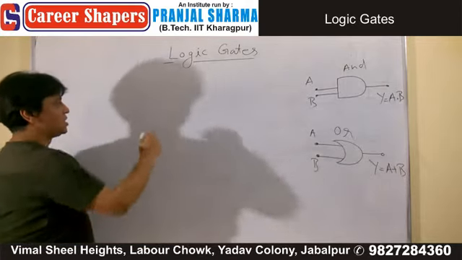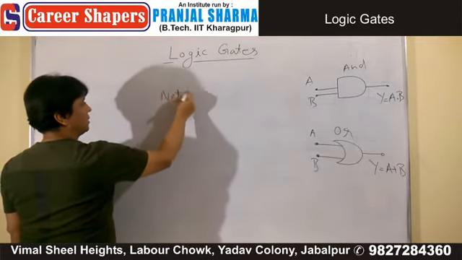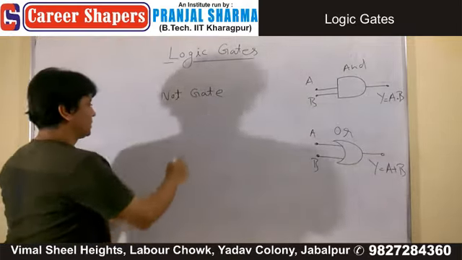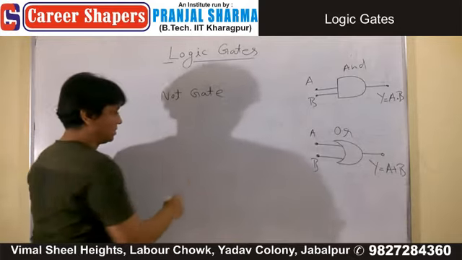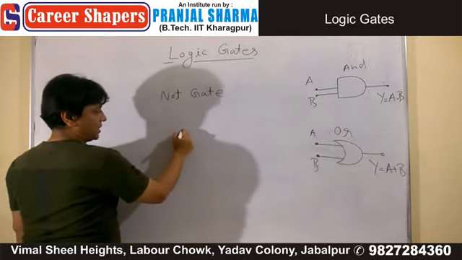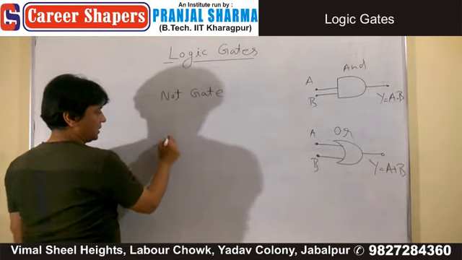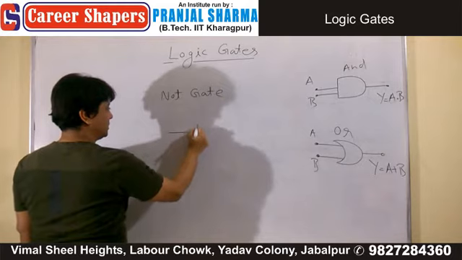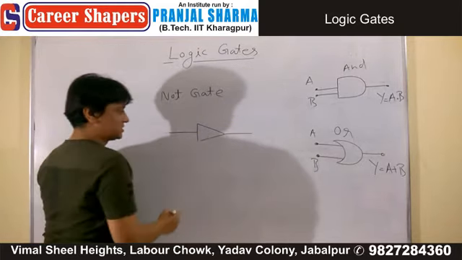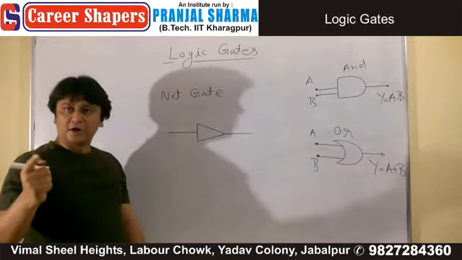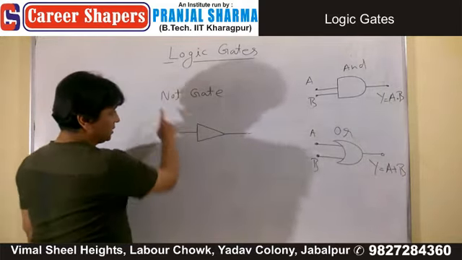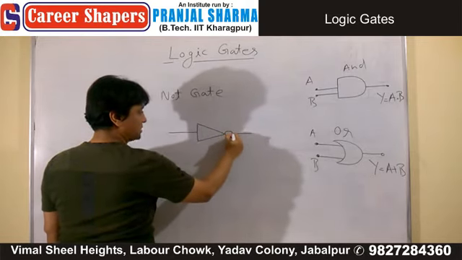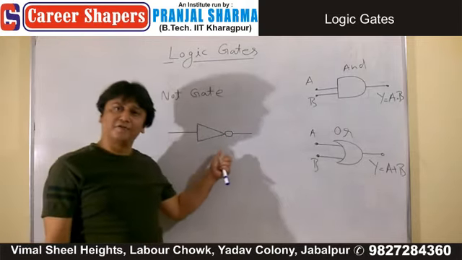What is NOT gate? It simply inverts your input. A very simple gate, there is nothing special in this. I will directly draw the way it is represented. This NOT gate is represented with the help of this symbol. This is the symbol of NOT.